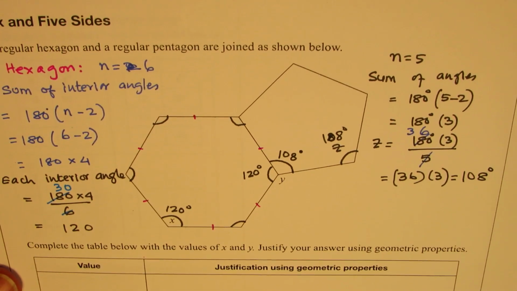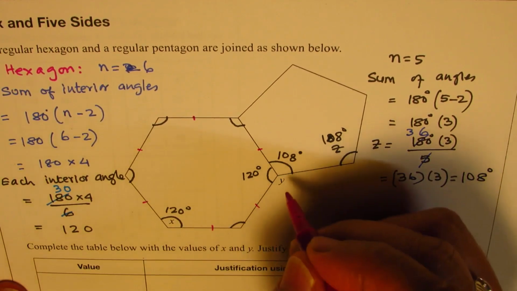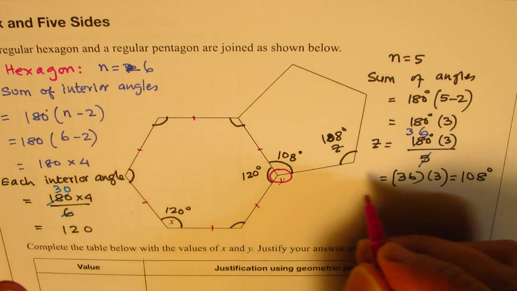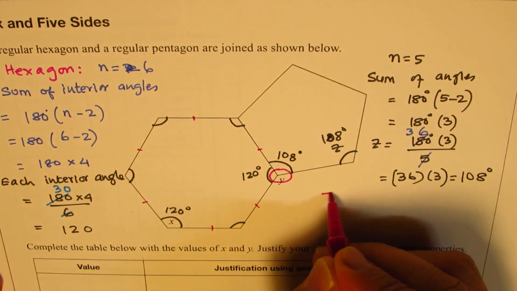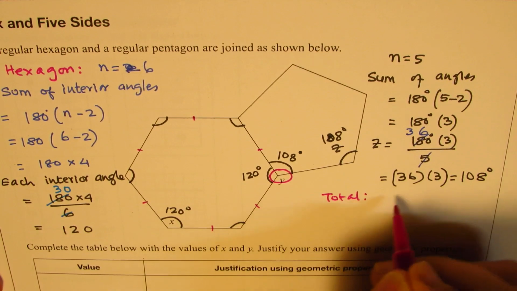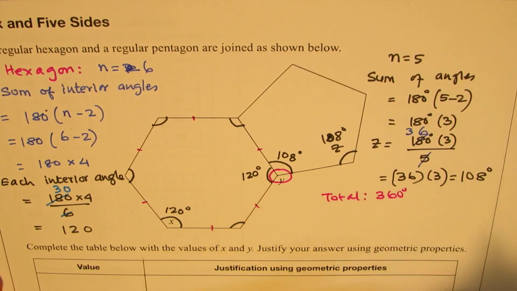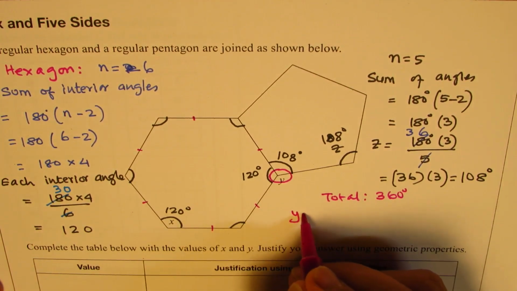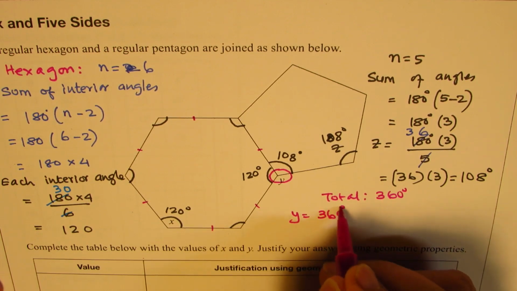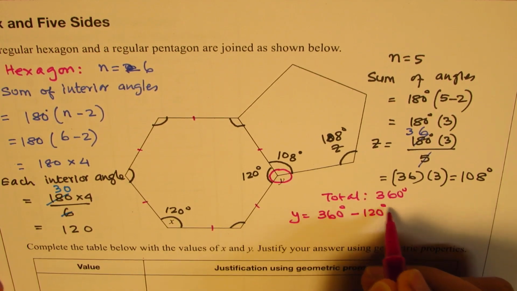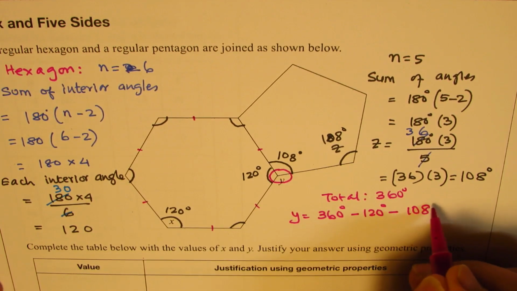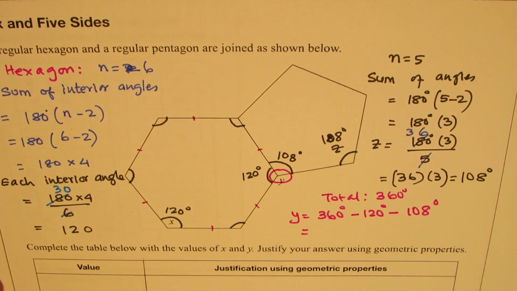Now we know that at this point, a full circle is 360 degrees, right? So the total is 360 degrees, correct? Therefore, y should be equal to 360 degrees minus 120 degrees minus 108 degrees. Is that clear to you?